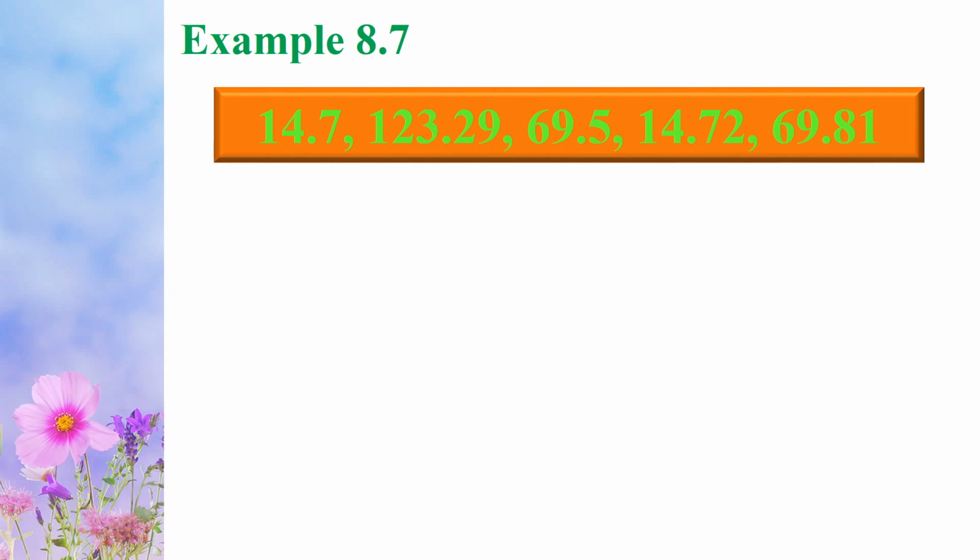Next, let us see example 8.7. The given decimals are 14.7, 123.29, 69.5, 14.72 and 69.81. Now we will arrange the decimals in ascending order.